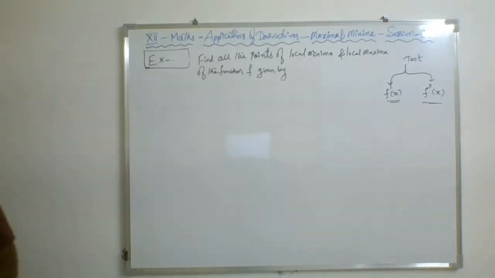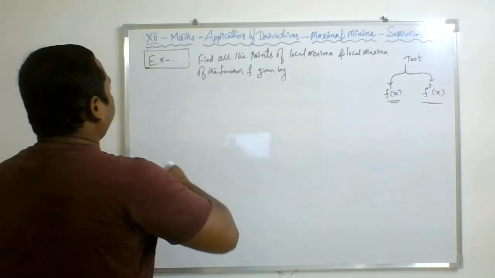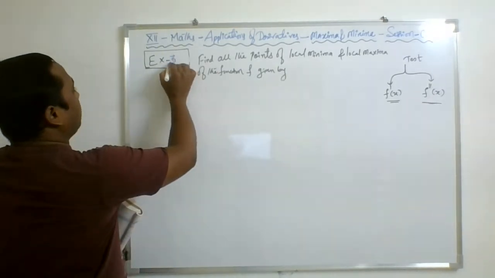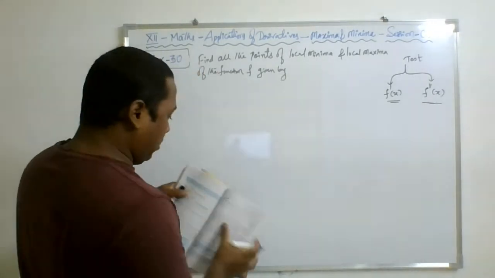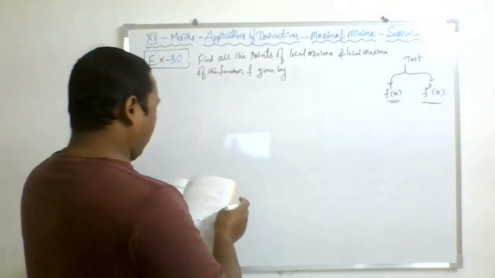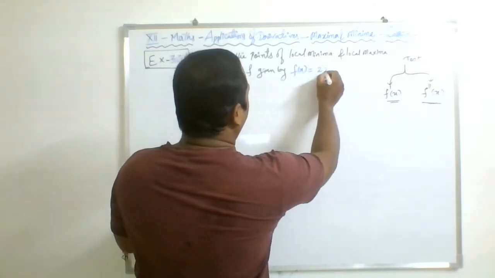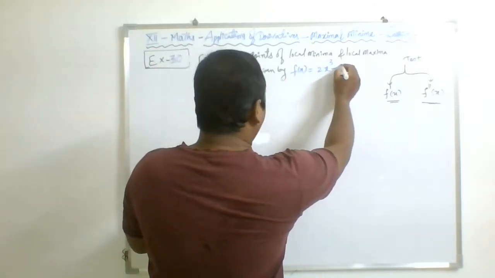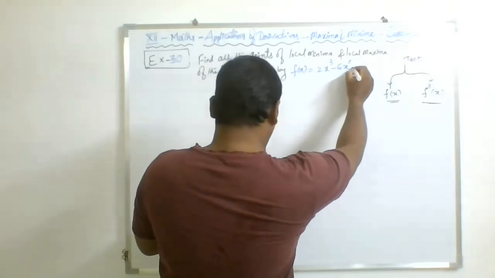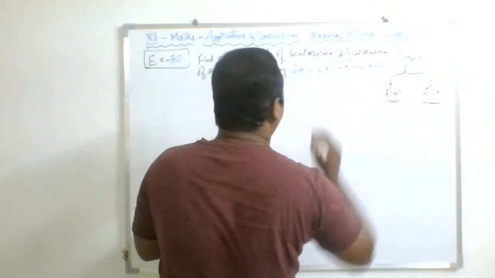Example number 30, where the function is again a cubic function: f(x) = 2x^3 - 6x^2 + 6x + 5.